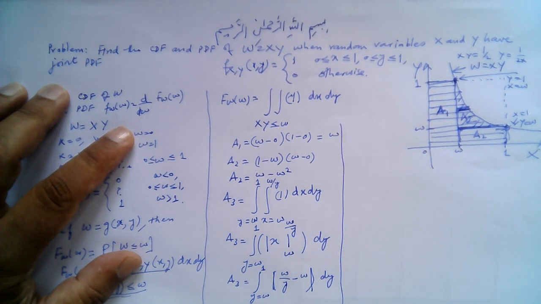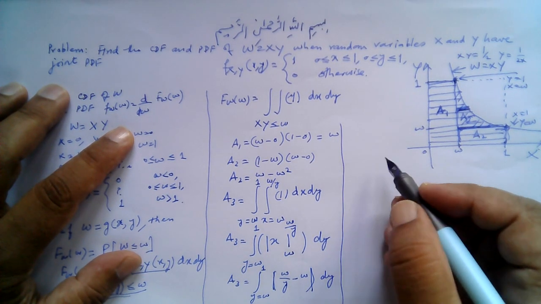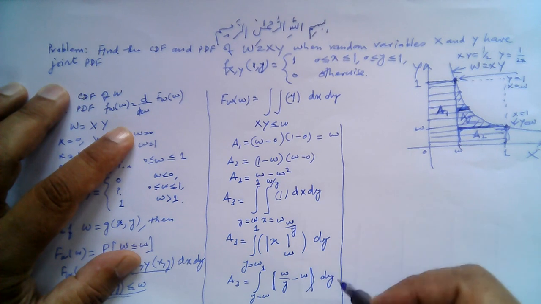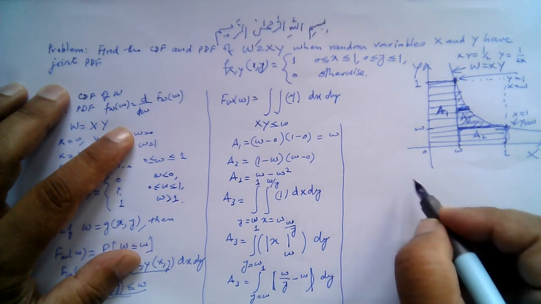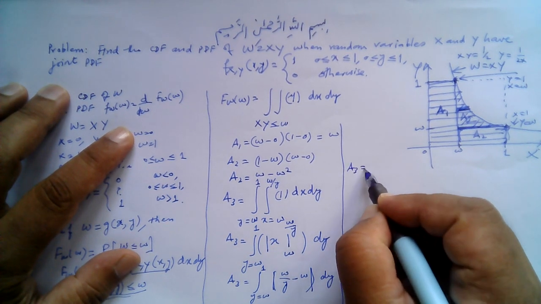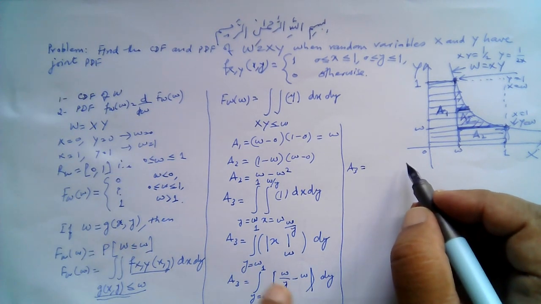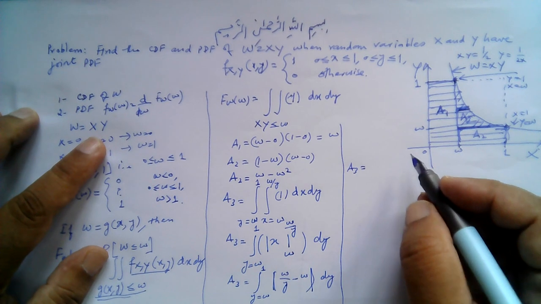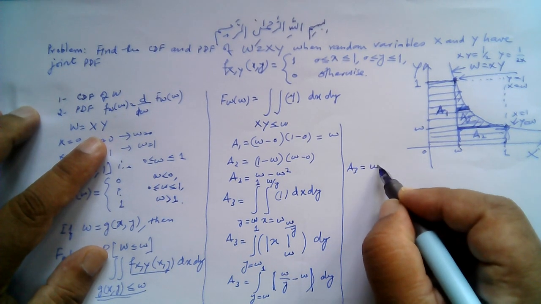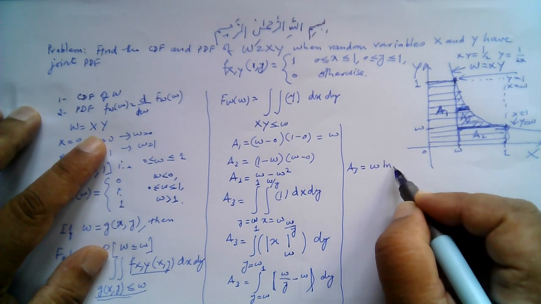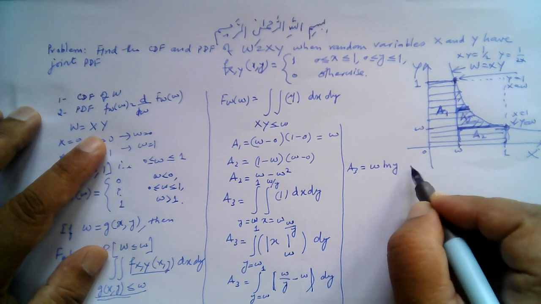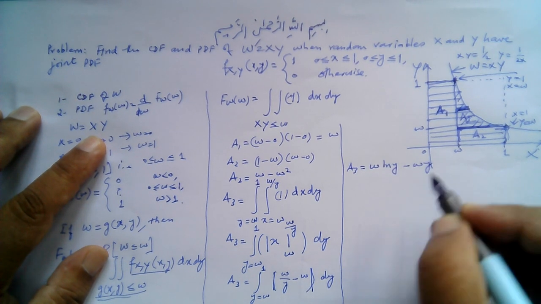So let's move further. Now we integrate with respect to y. So A3 is given by, when you integrate dy over y, it results in the natural log of y. So w natural log of y minus wy, right?